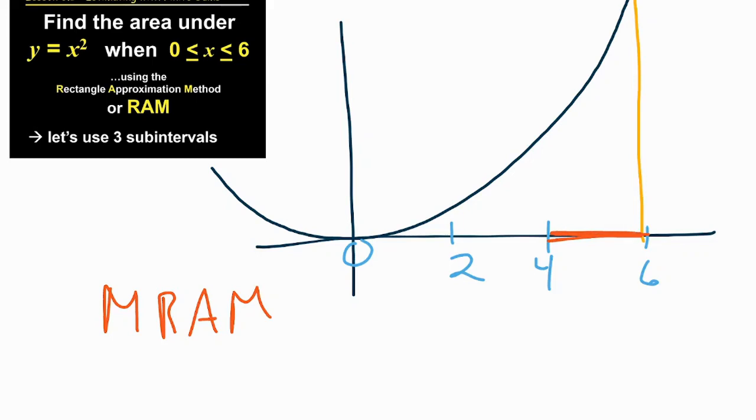The interval is still from 4 to 6, but now I want to go to the middle of it. When I go to the middle of it, I find an x value. And that x value is going to be used to generate my y value. That is the height of my rectangle. It comes from the middle of my interval.